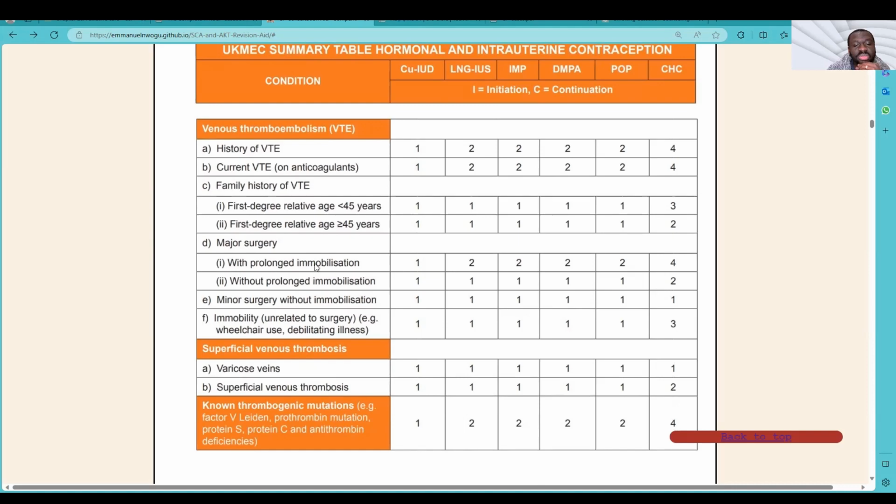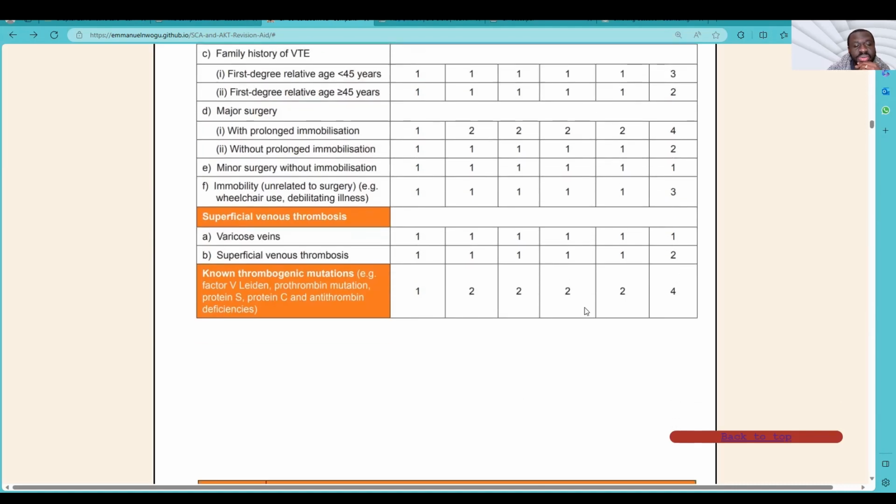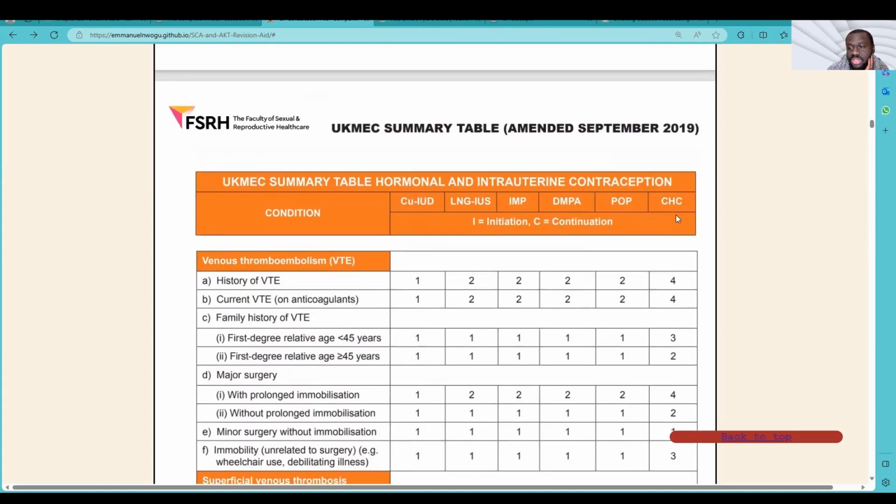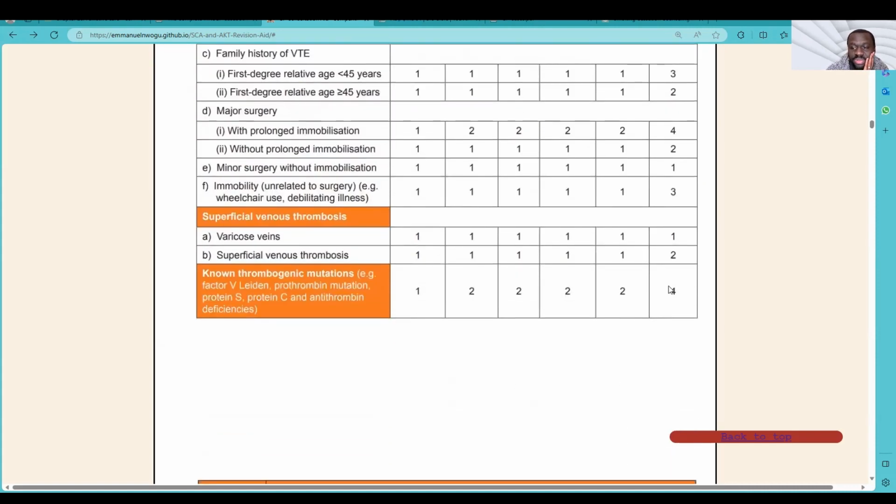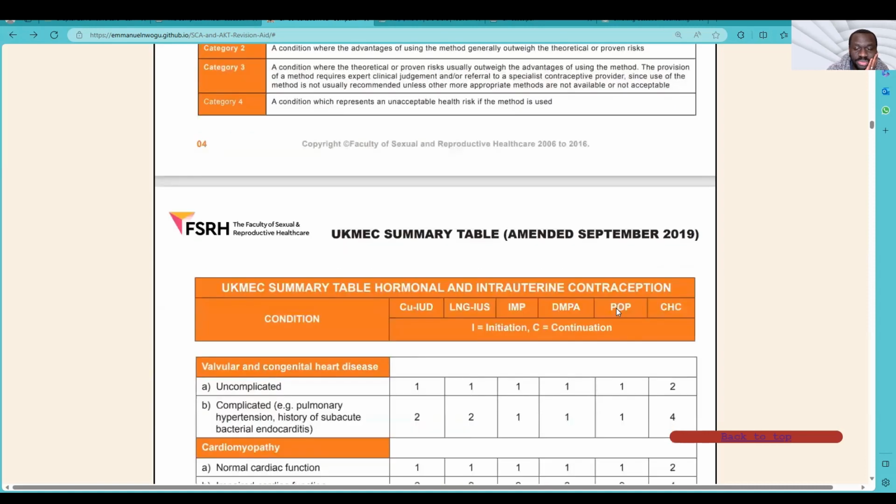Major surgery or prolonged immobilization, you don't want to use combined hormonal because of the increased risk of VTE. If the person has known thrombogenic mutations, such as factor V Leiden, protein C or protein S deficiency, or antithrombin deficiency, they are prothrombogenic. So you don't want to use COC because of the increased risk of developing VTE.